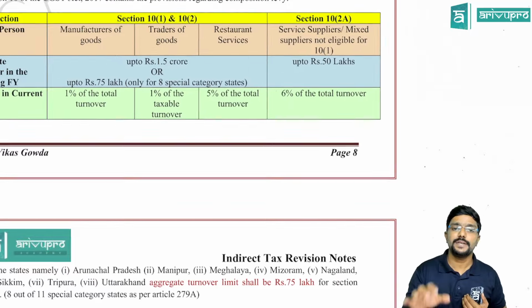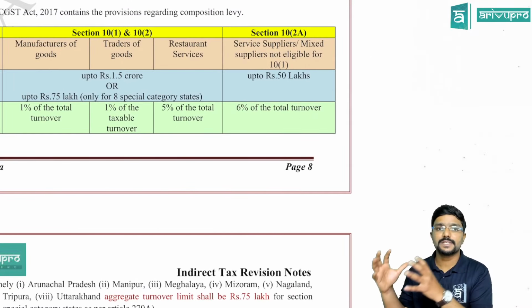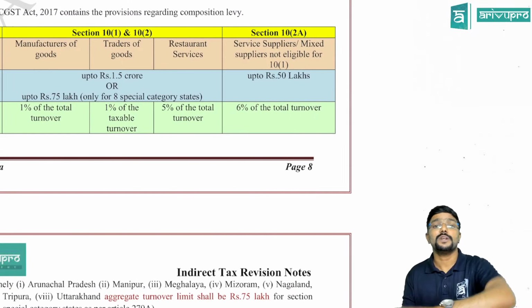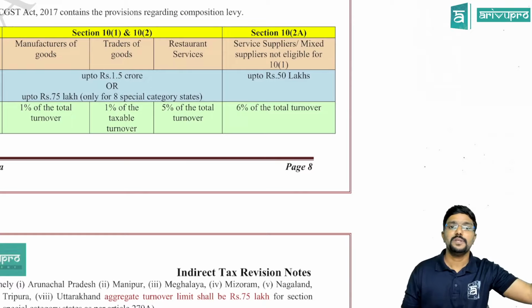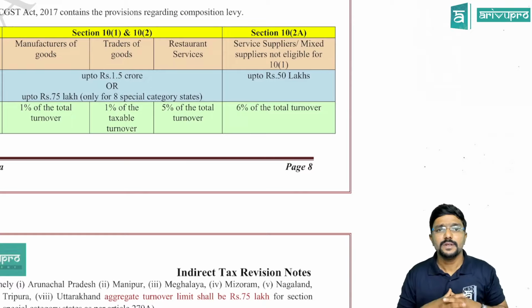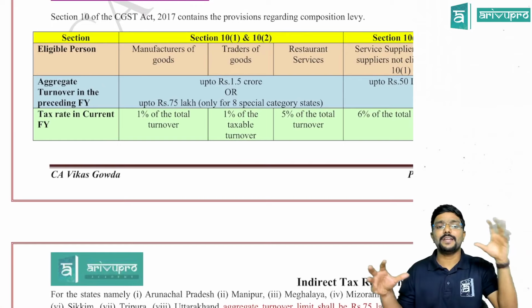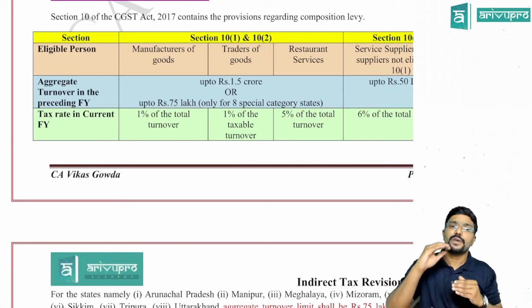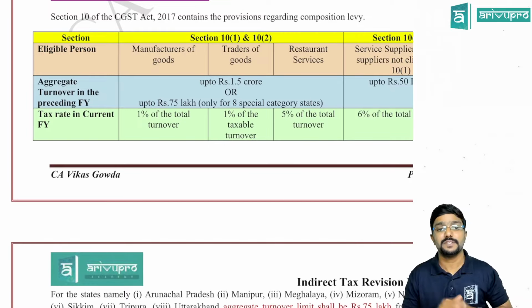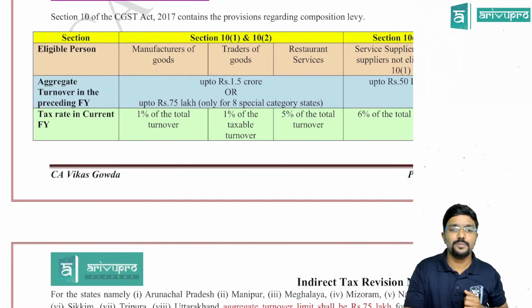Then 10.2A is a scheme available for those who are not eligible for 10.1 and 10.2, that is, if you are purely a service supplier. Now under 10.1 and 10.2, if you are engaged in manufacturing, trading or restaurant, you can also provide an additional marginal service, but within some limit.